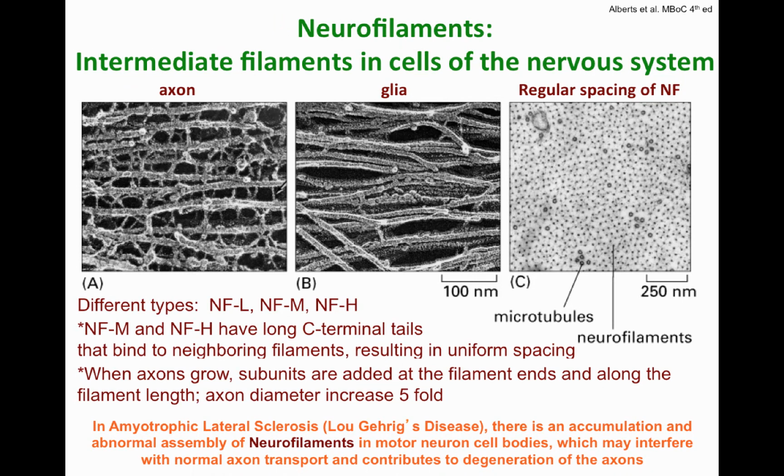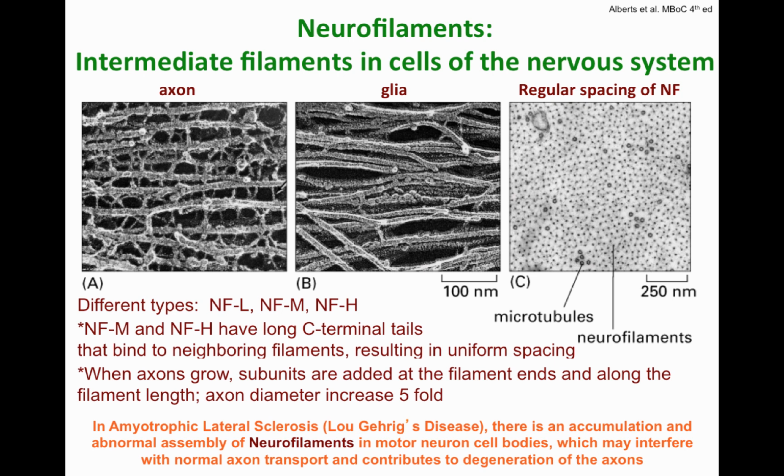One problem that can happen is an abnormal accumulation of neurofilaments in a motor neuron cell, and it's exemplified in amyotrophic lateral sclerosis, or Lou Gehrig disease. Probably you have heard about the Ice Bucket Challenge, and this is the disease that the Ice Bucket Challenge was trying to address.